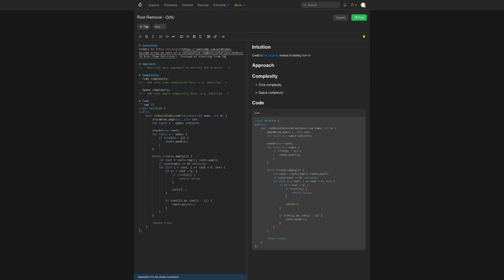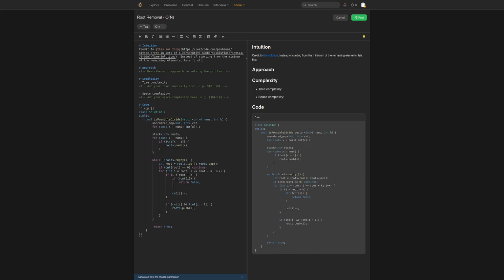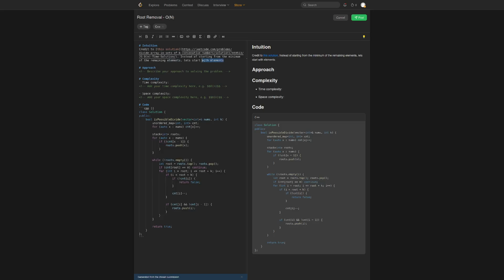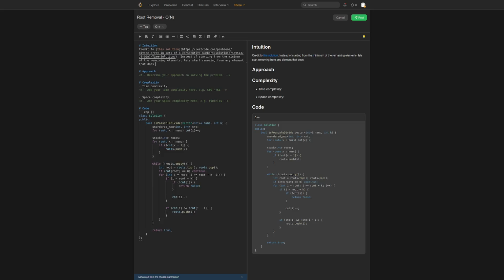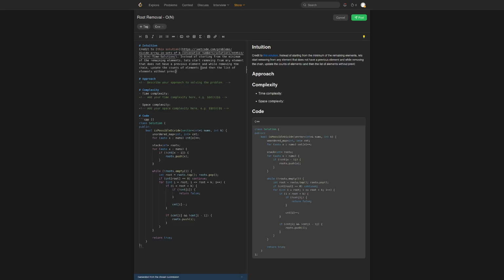Instead of starting from the minimum of the remaining elements, let's start removing from any element that does not have a previous element, and while removing the chain, update the counts of elements and the potential list of elements without a previous element.